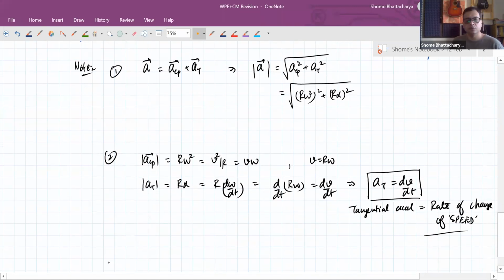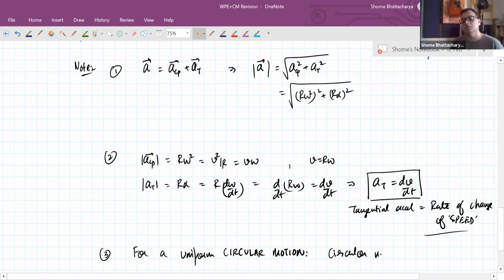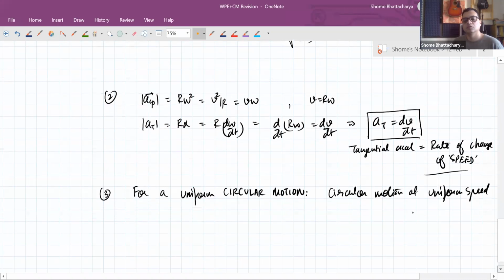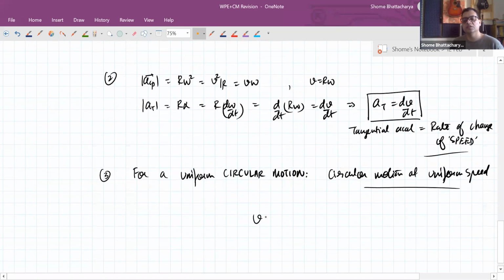Okay. And therefore we also understand that for a uniform circular motion, that is one where circular motion is happening at constant speed, so v is uniform.